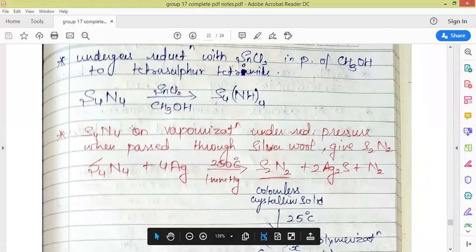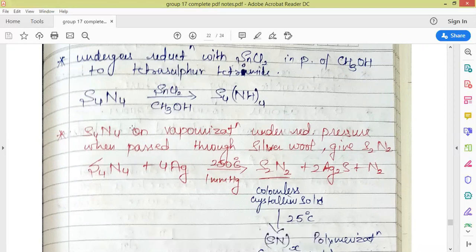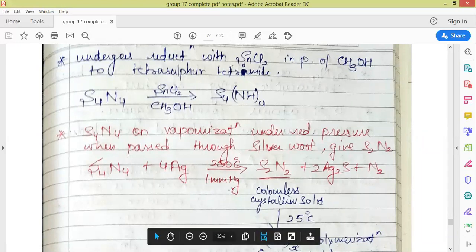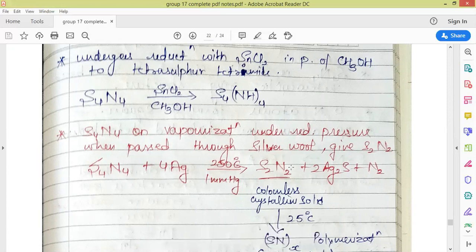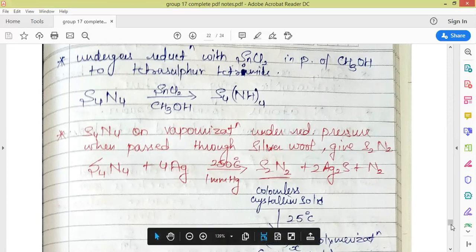S4N4 on vaporization under reduced pressure is passed through silver wool. When the vapors of this S4N4 compound are passed through silver wool at 250 degrees Celsius and under 1 mmHg pressure, we get a colorless crystalline solid, that is S2N2. This is another important compound of sulfur and nitrogen.